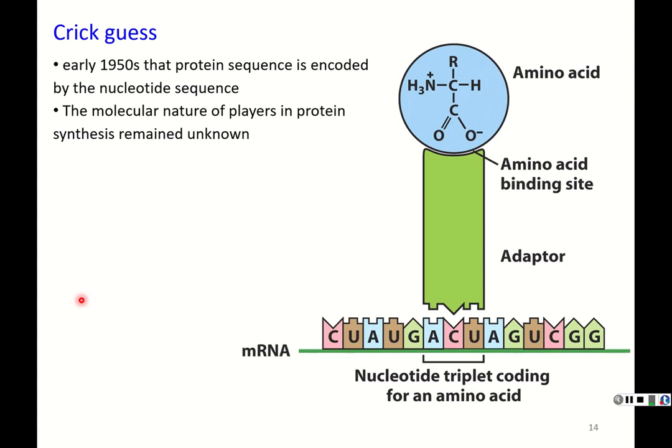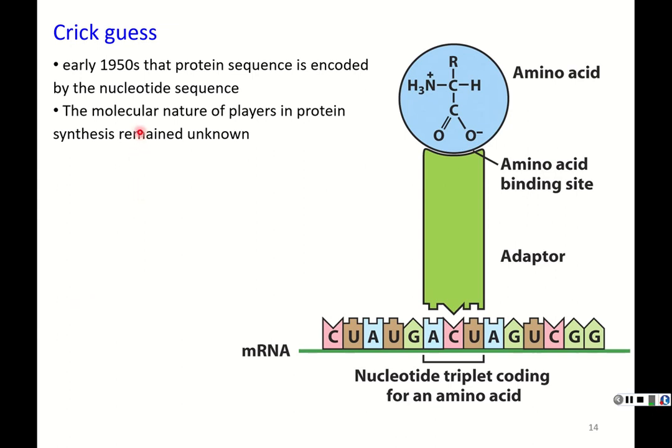And Crick of the Watson and Crick team was the first to sort of guess the existence of transfer RNAs. So in the early 1950s, he guessed that protein sequence was encoded by nucleotide sequence.